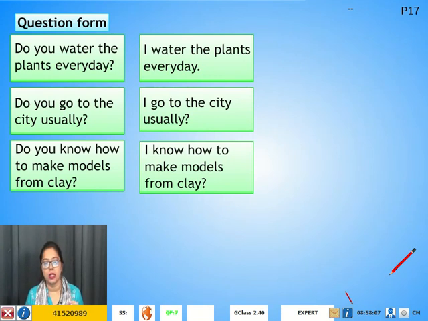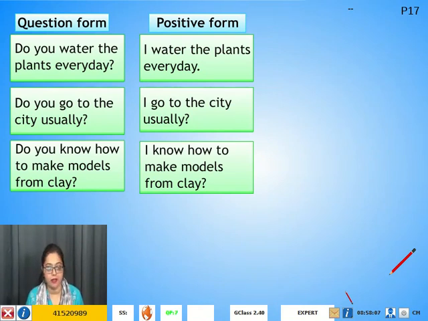I water the plants every day. I go to the city usually. I know how to make models from clay. Okay. So these answers are in a positive form. These answers are not in a negative form. The answer is what? In a yes form.